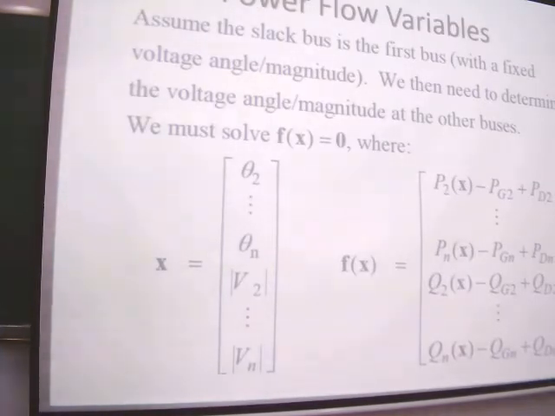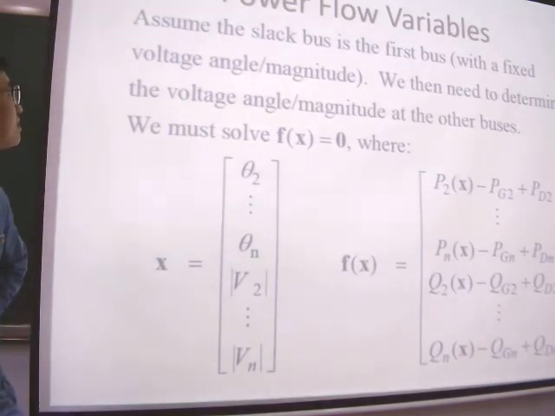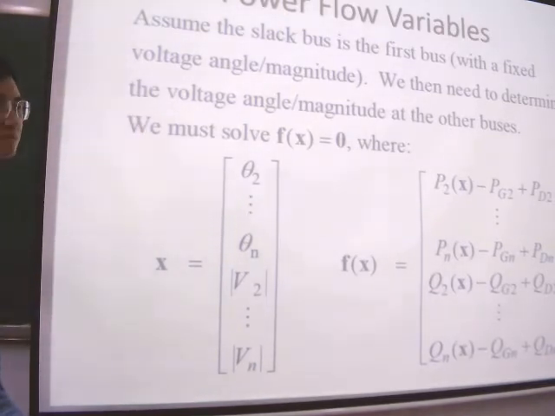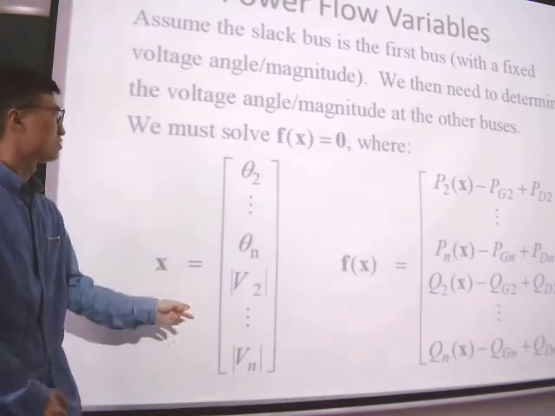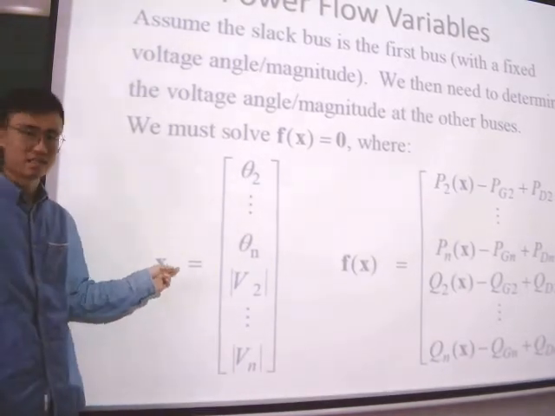Okay, so we start with the power flow variables. Let's assume the first bus is the slack bus. We then need to determine the voltage angle and magnitude at the other buses. We remember that x is the input.